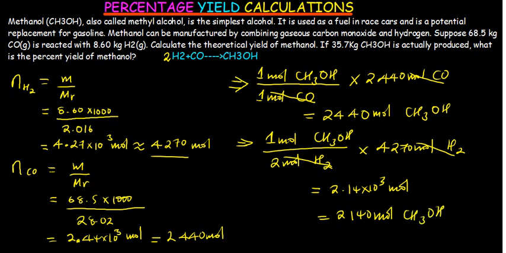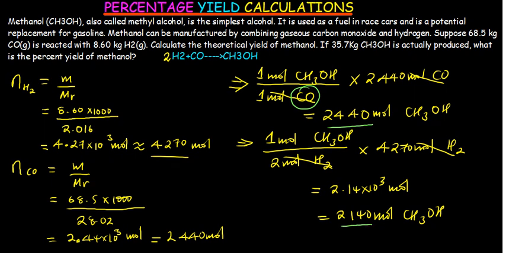Now let's compare. When we use the moles of carbon monoxide which are available, we get 2440 moles. When we use the moles of hydrogen which are available to determine how much product we're going to have, we find 2140 moles of product.